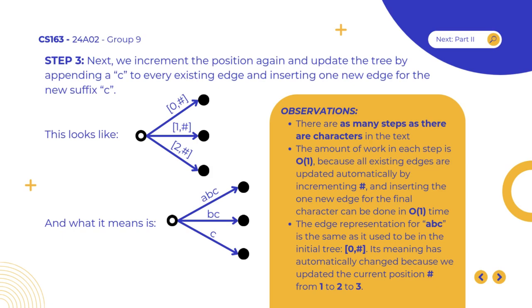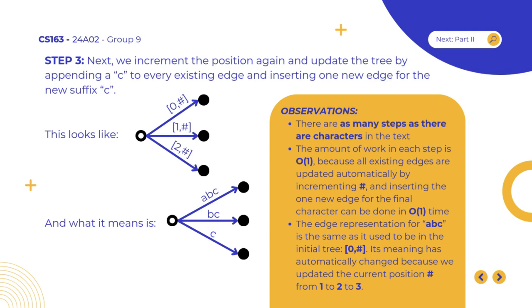The edge representation for ABC is the same as it used to be in the initial tree. So the only thing that changed was the value of the hash. Changing the value of the hash automatically changes all of the leaf edges to the desired position that we are in.